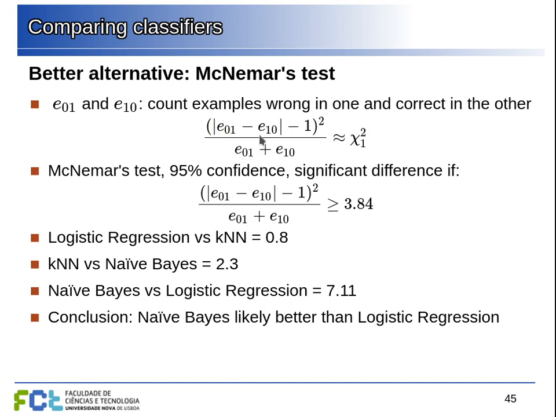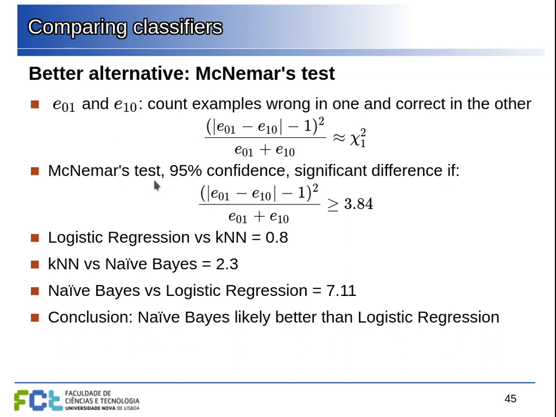This can be demonstrated to be distributed, if this is happening only by chance, so you have equivalent classifiers, but by chance some of them got this one wrong and that one right, and vice versa, then this would follow a chi-square distribution with one degree of freedom.